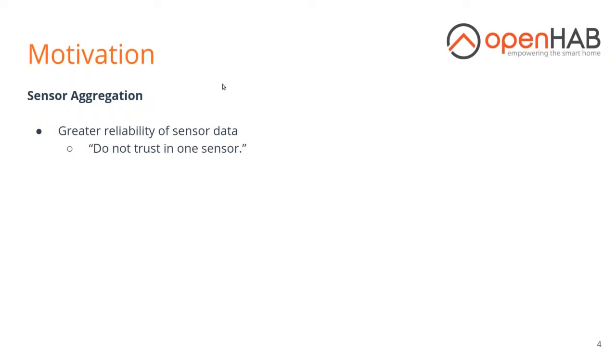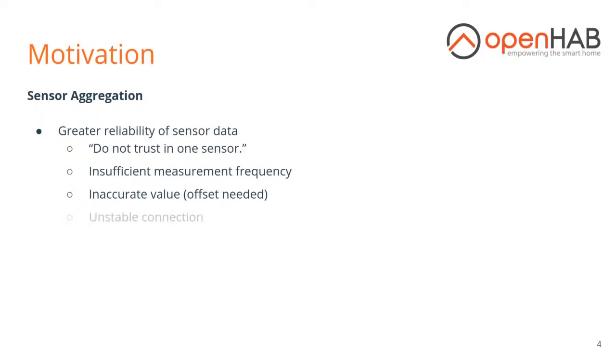But there are some downsides when you use multiple sensors. For example, there may be insufficient measurement frequencies, or the data is not very appropriate and you need to tweak it by an offset.